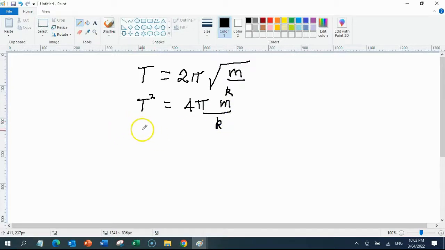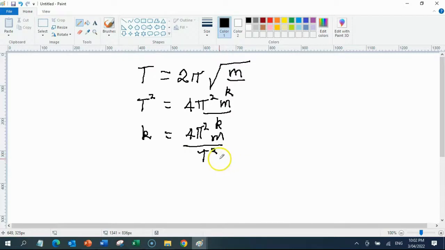Now, what that then means is that k is equal to, forgot the squared, k is equal to 4 pi squared m over t squared.